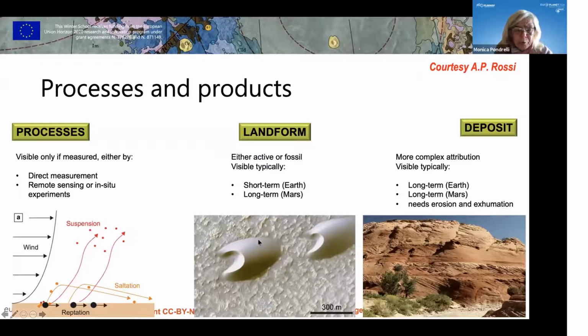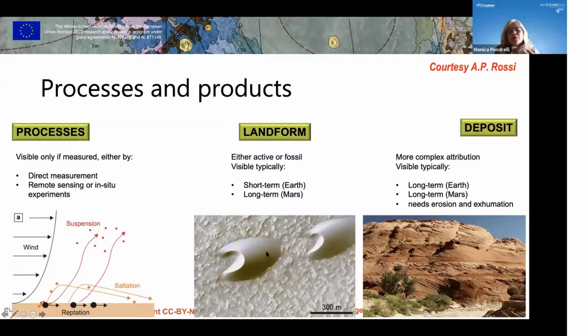Ultimately, they form a landform, in this case, a dune. This part is basically the same on Earth and on Mars, with the difference, of course, related to different gravity and atmosphere conditions, but the kinds of processes are the same.